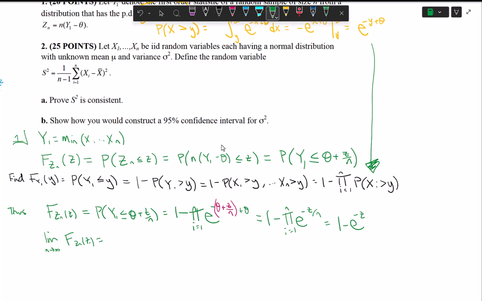It is what it is: 1 minus e to the minus z, i.e. Z sub n converges to Z in distribution where Z is exponential parameter 1, right? Because this is the CDF of the exponential distribution.